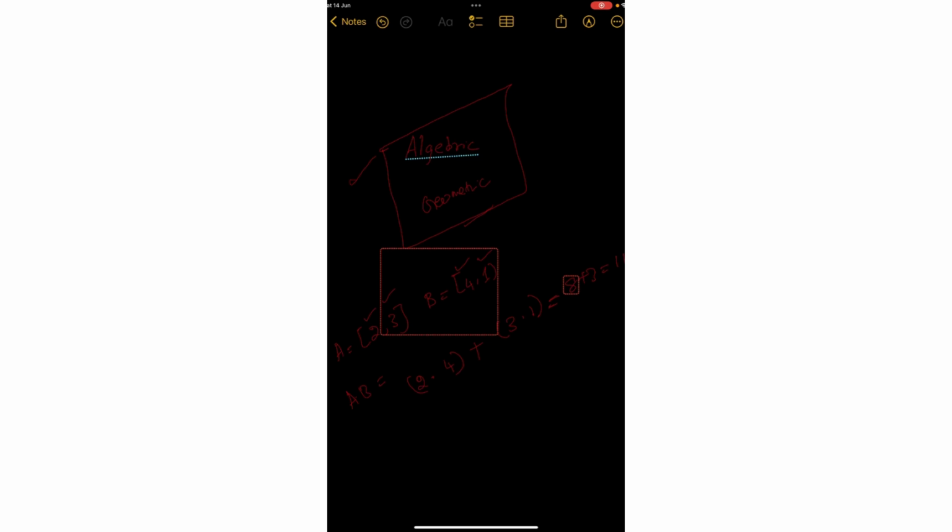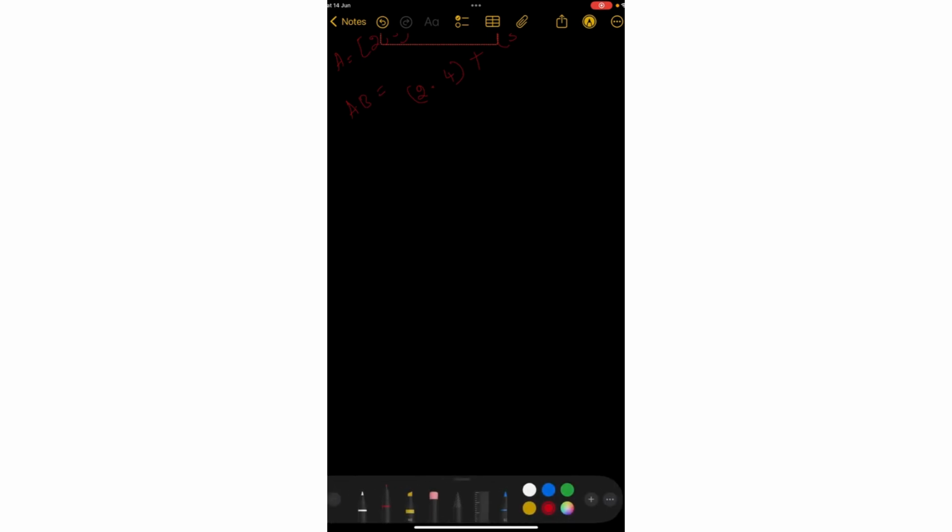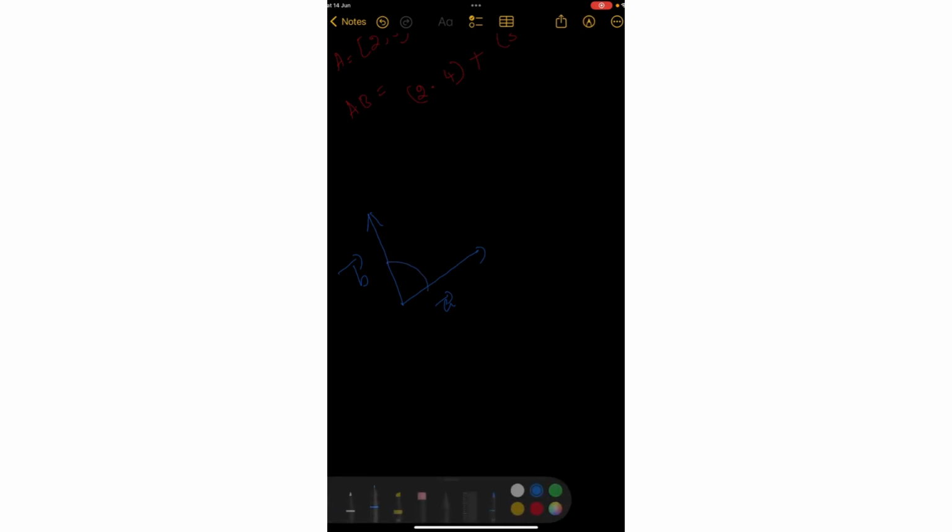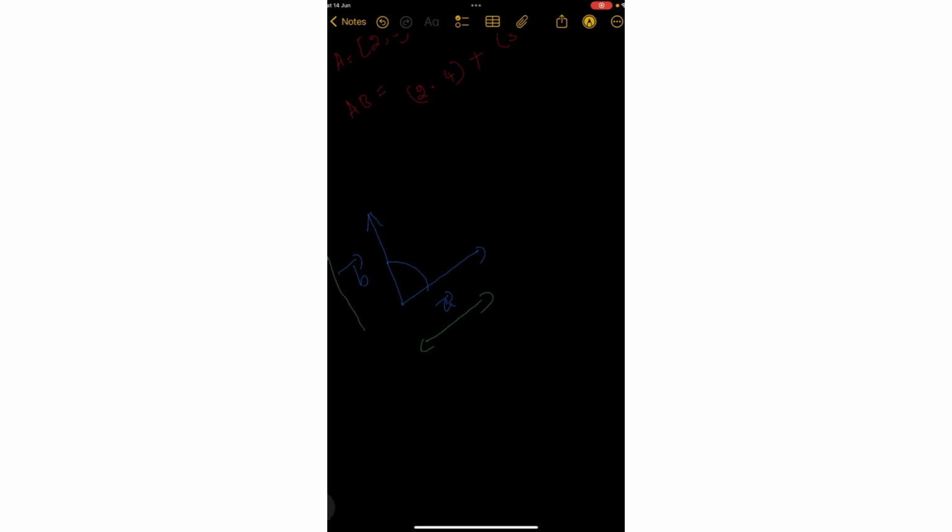So what is the geometric view? The geometric view gives the same dot product. We can also compute it using the angle between the vectors. Let me change the color here. Listen, I have a vector a and vector b. The dot product is the magnitude of a multiplied by the magnitude of b and by the cosine of the angle between them.